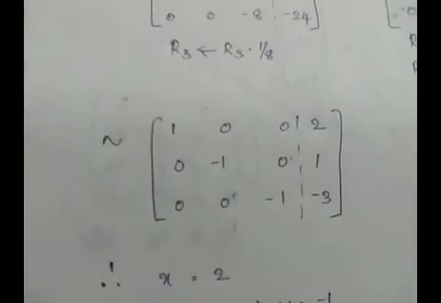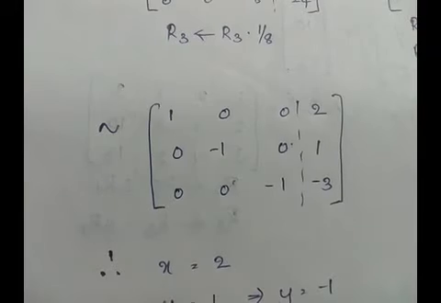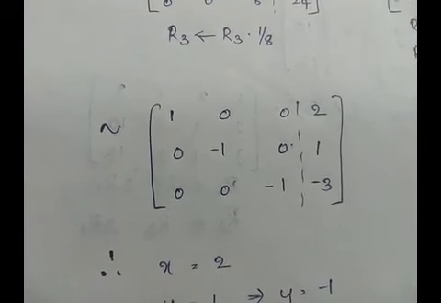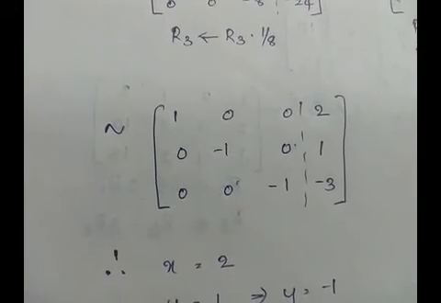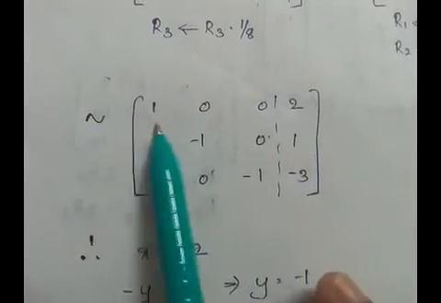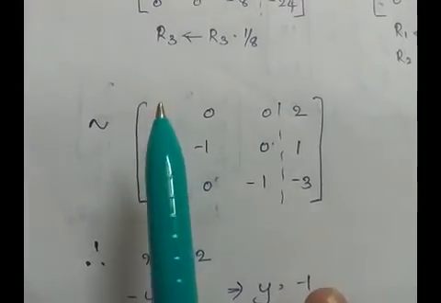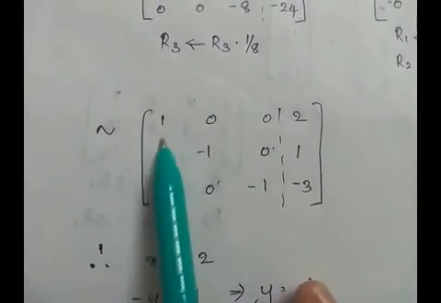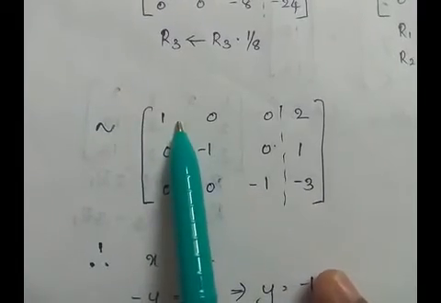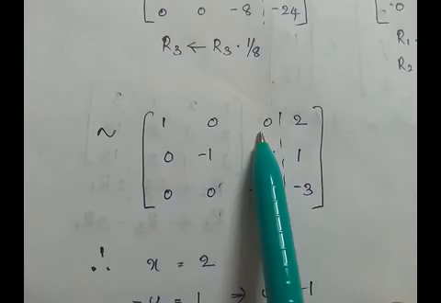Now look at the matrix. All the elements above and below the diagonal element are 0. Now converting this into equations, from the first row we'll get the first equation. In the first row we have a coefficient for x, but we don't have coefficients for y and z.